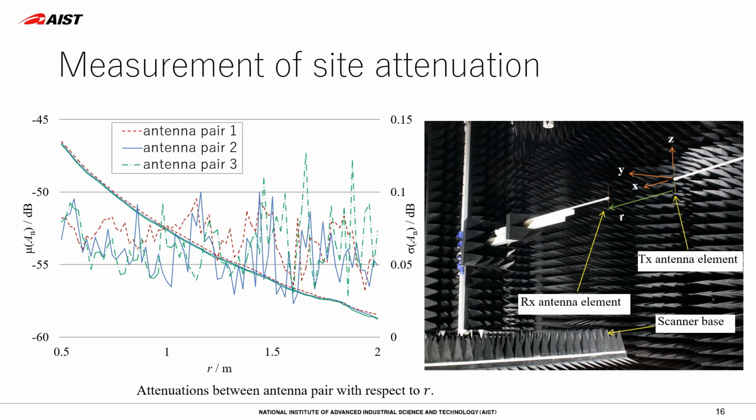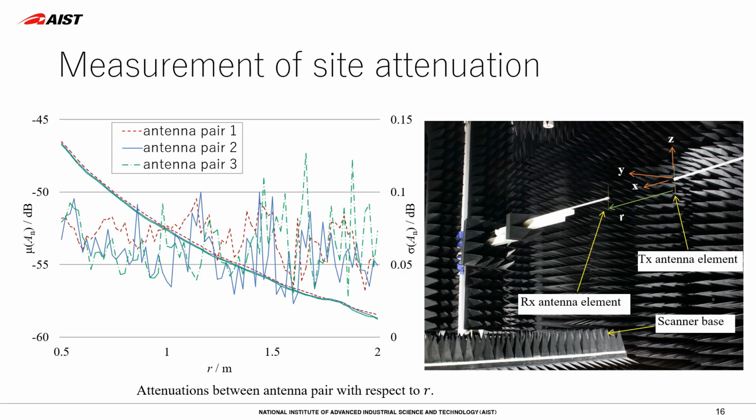You can see two axes associated with the graph. The left side axis shows the average of the site attenuations, and the right side axis the standard deviations. Site attenuation for each antenna pair becomes small with the increase of R, and each plot is proportional to 1 over R. The measurement repeatability should have a tight relationship with the standard deviation.